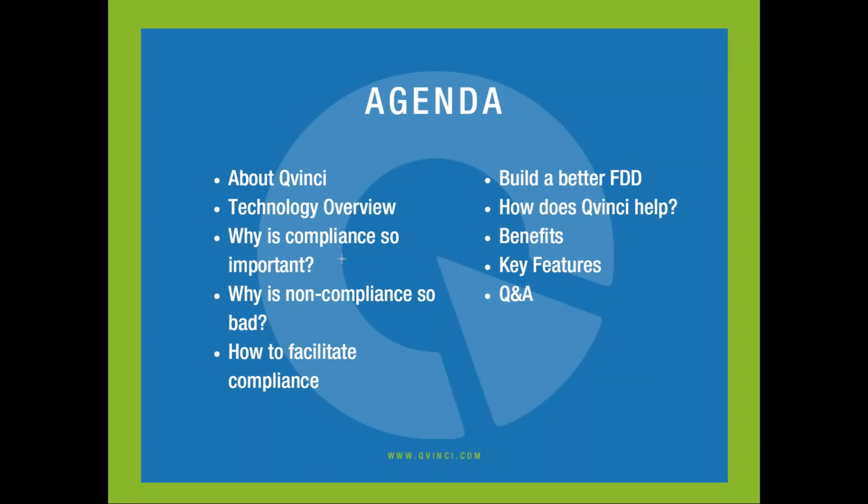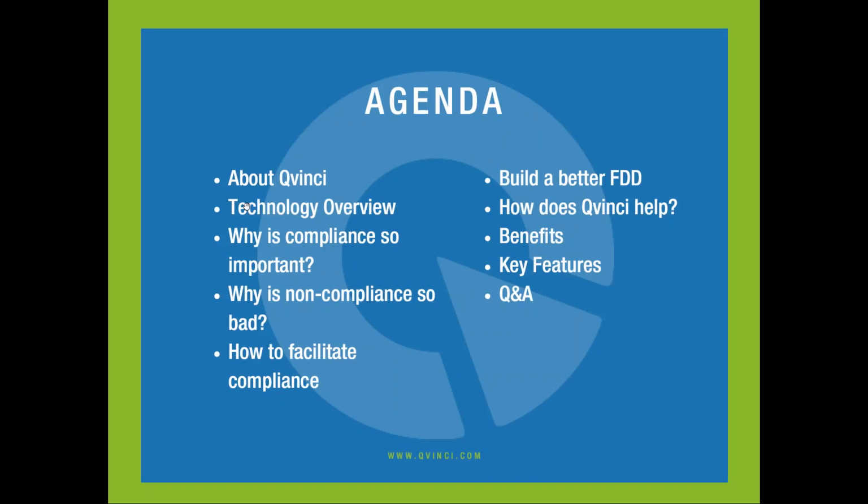So today's agenda, we're going to first take a look, give you an overview of Qvinci, give a quick technology overview, and then we're going to jump into the compliance piece. We'll talk at a high level about why compliance is so important, and that's compliance to a franchise system. Why non-compliance is bad and some of the indicators thereof of non-compliance, how you can facilitate compliance whether you are just starting your franchise system or whether you've been doing it for years, and then we'll get down into how compliance fits with financial reporting requirements and essentially where Qvinci fits in that particular space.